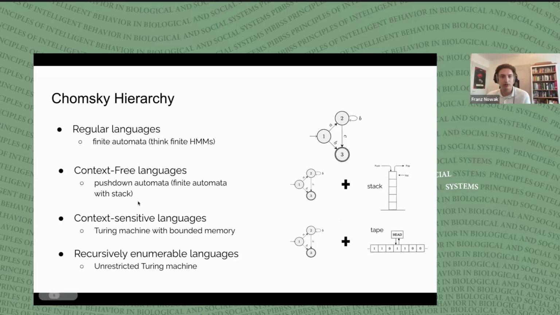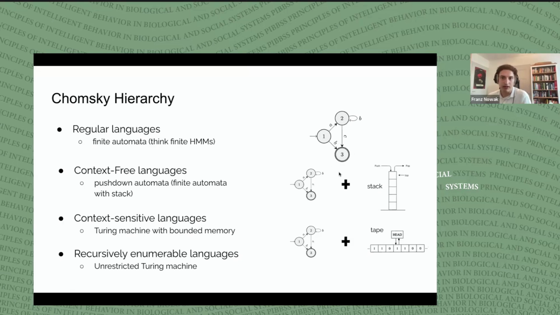And for these context-sensitive languages and recursively enumerable languages, what you need is a finite automaton that has access not just to a stack, but to a tape, which means that you have some infinite memory or like arbitrarily large memory to which the machine can read and write using a read and write head. And when you have a Turing machine, basically you can compute arbitrary programs. Anything that you can code in a Python program, for example, can be computed by such a machine.